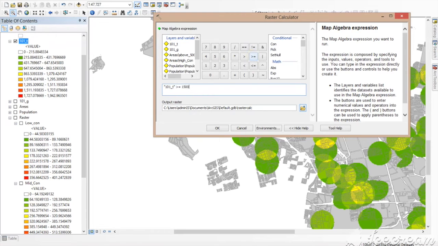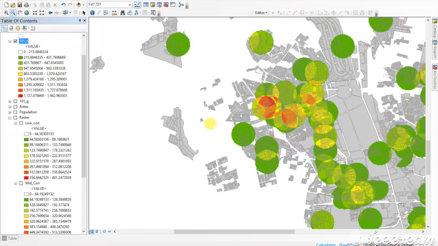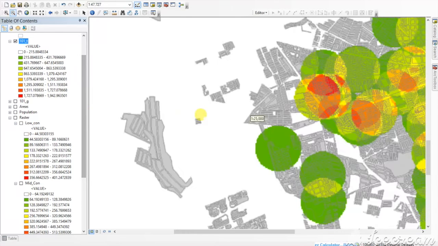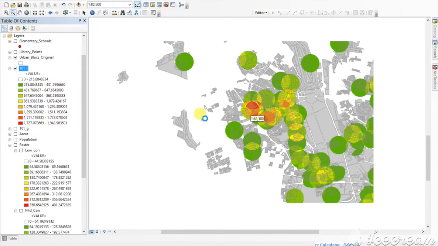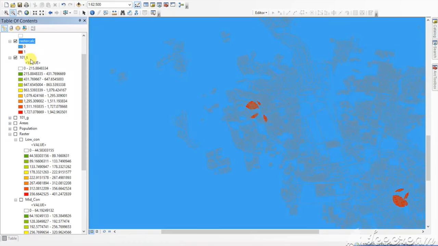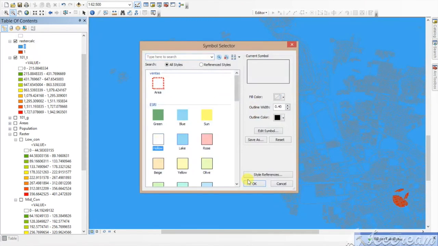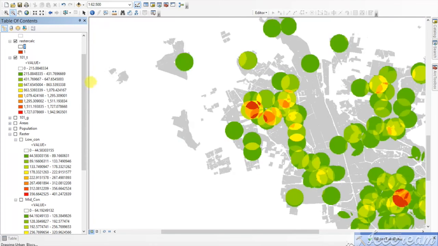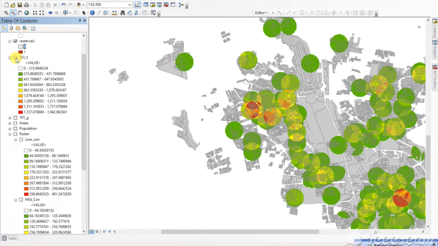So let's say we only want to know those values above 15,000, okay? So we're gonna do it, and what it's gonna give us is a raster in which the 0 are below and the 1 are the ones that are above 1500.